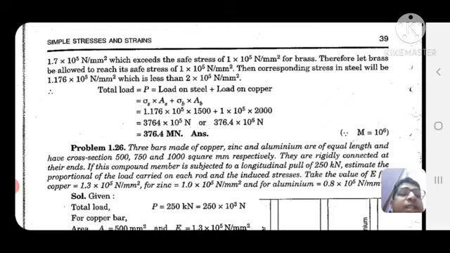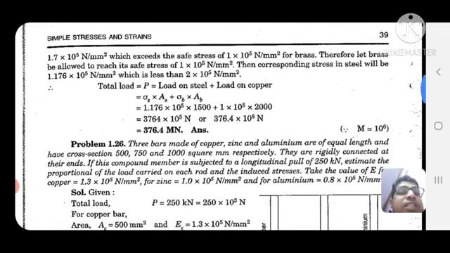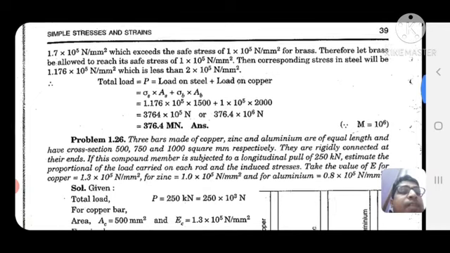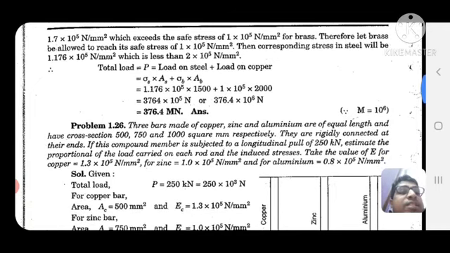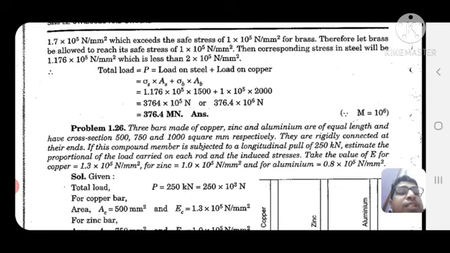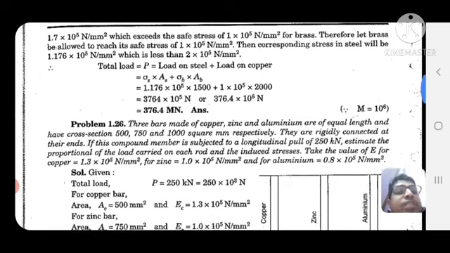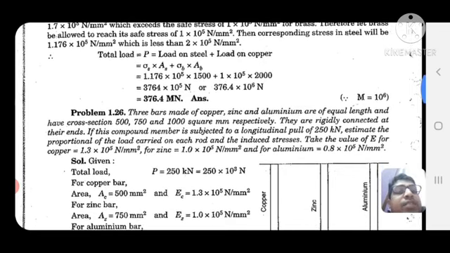Therefore, let brass be allowed to reach its safe stress, 1 into 10 to the power 5 Newton per millimeter square. Then the corresponding stress in steel will be 1.176 into 10 to the power 5 Newton per millimeter square, which is less than 2 times 10 to the power 5 Newton per millimeter square.